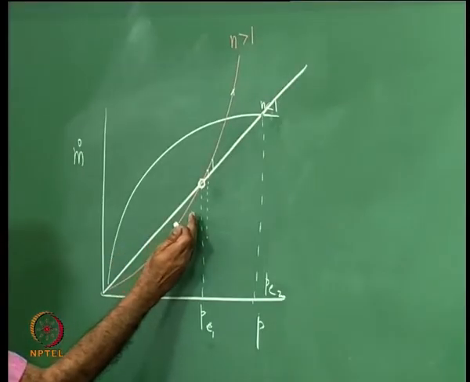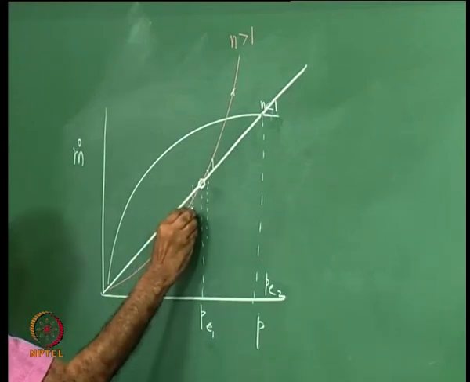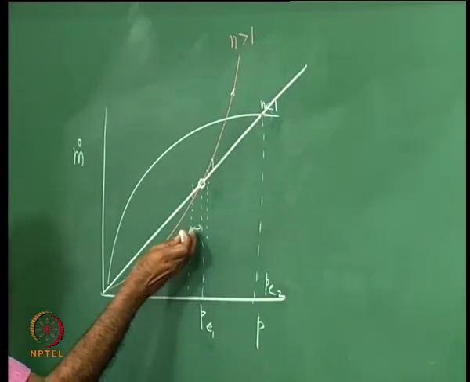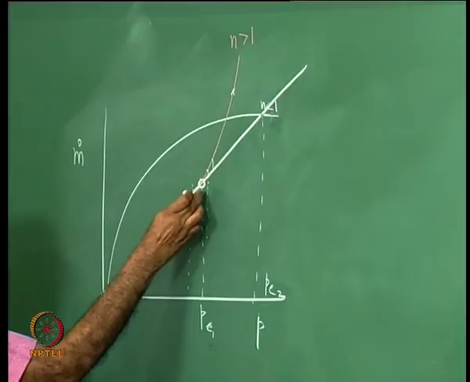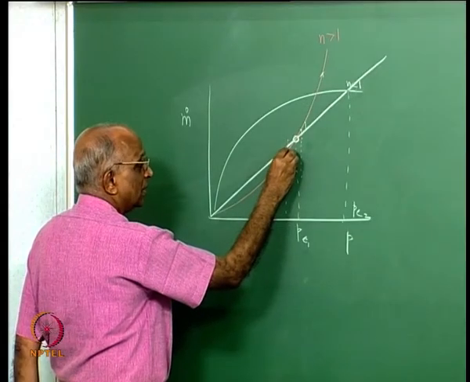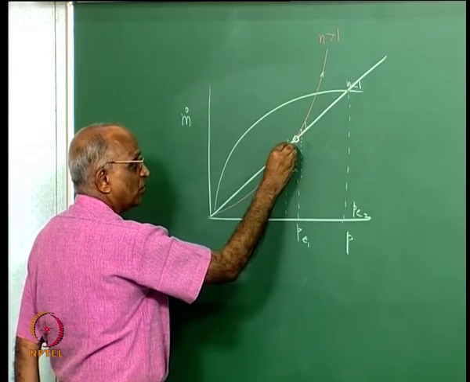If I now consider the points to the left of the equilibrium point, let me say that by some chance there is a small pressure perturbation and the pressure in the motor falls to a value less than the equilibrium pressure PE1. Then what happens? The mass generation rate is lower than the mass flowing through the nozzle.